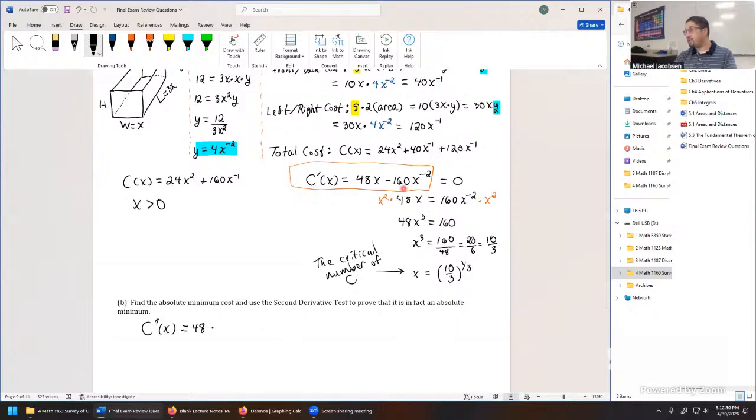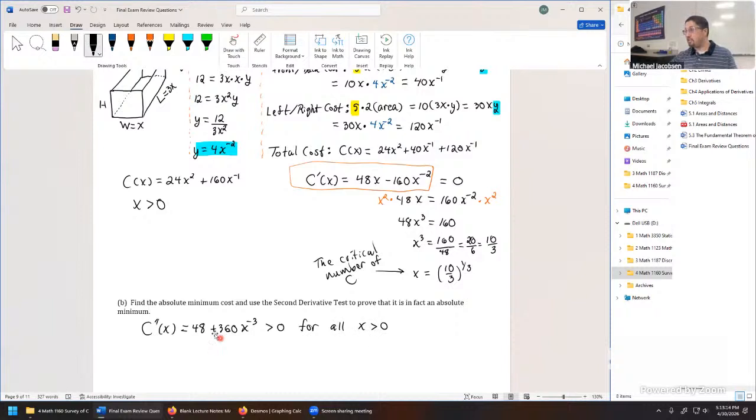This will be plus 360 x to the power of -3. And because x can only ever be positive, this is absolutely a positive number, always larger than 48. So this is bigger than 0 for all x bigger than 0.